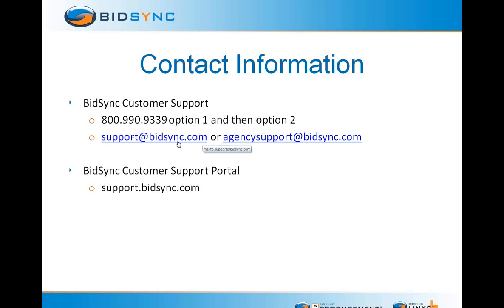You can also email us at either of the addresses on the screen. We do also have a BidSync customer support portal that you can access at support.bidsync.com. With that, you can go ahead and look at any of our training articles, as well as any previously recorded webinars.